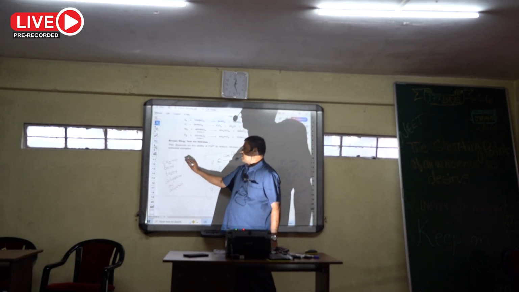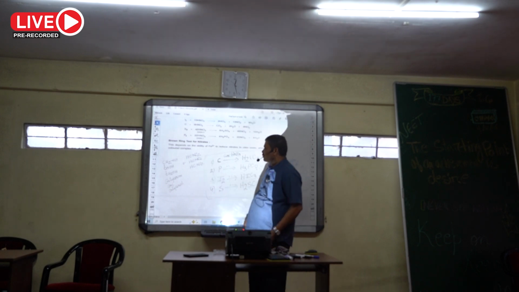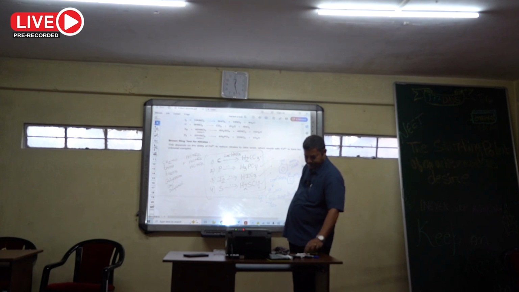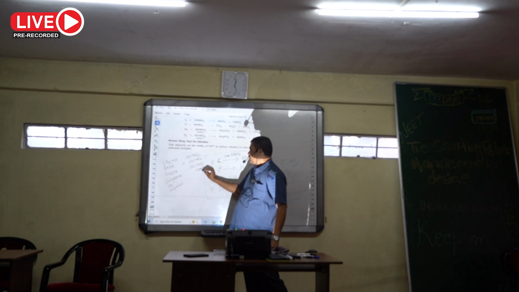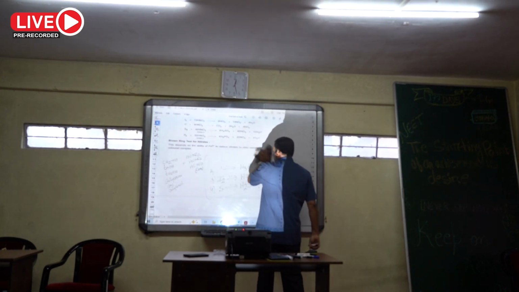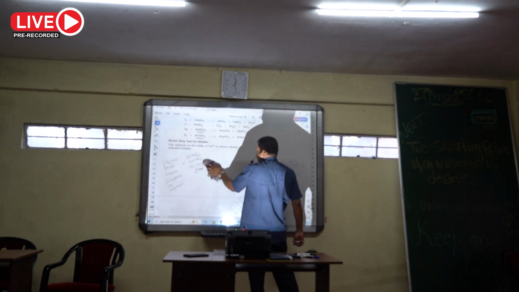When this is treated with HNO3, I am writing HNO3 as HONO2, concentrated nitric acid. Total it becomes HNO3 only.